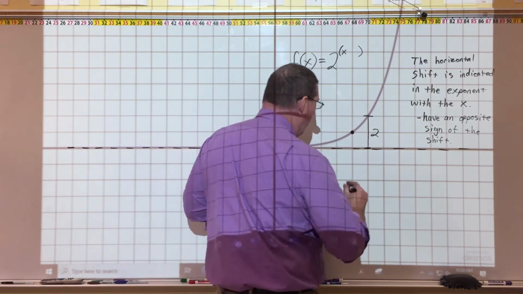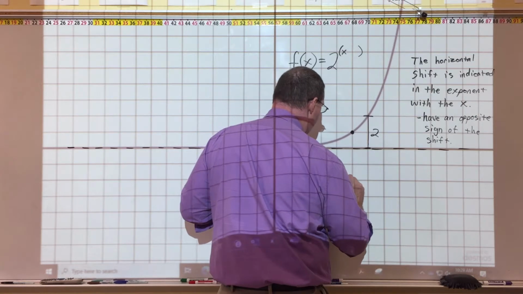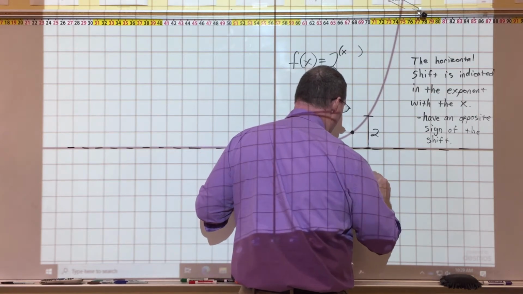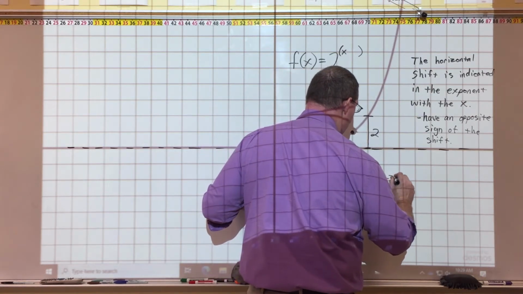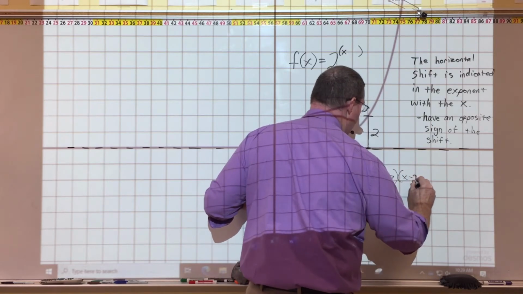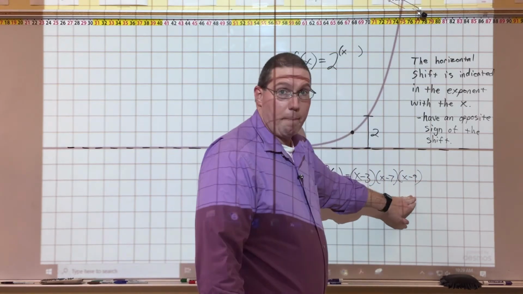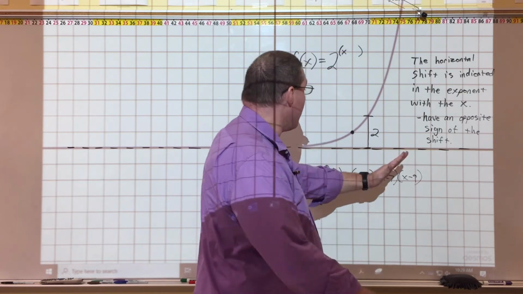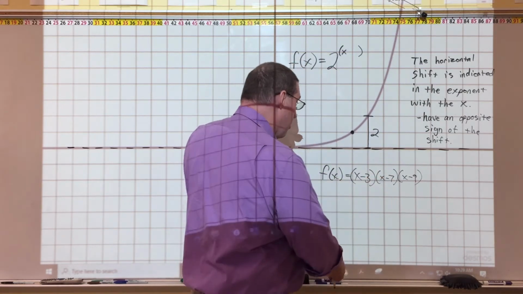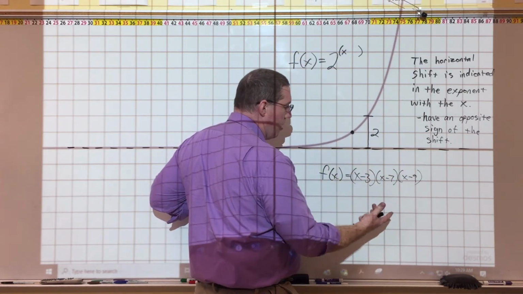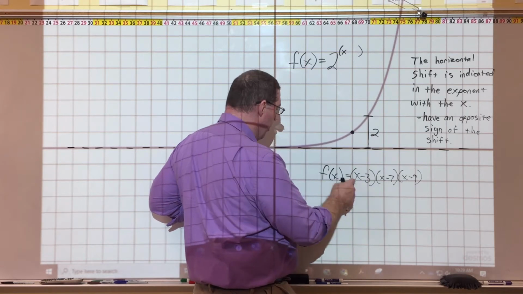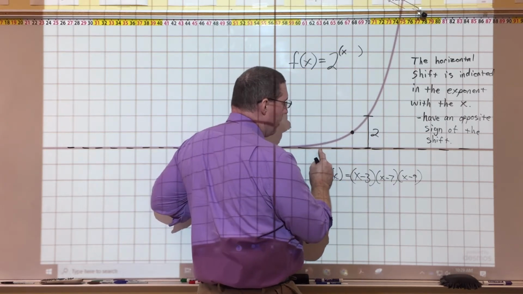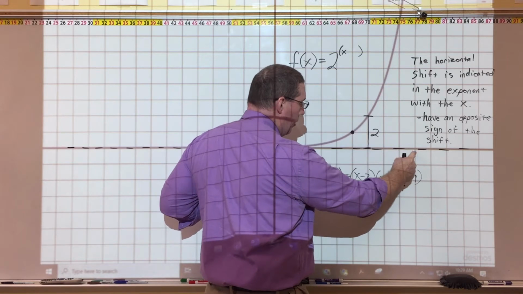We said that, if we had f of x is equal to x minus 3 times x minus 7 times x minus 9, the intercepts, right, would be on the positive side, right? And that's because positive 3 minus 3 is 0. So our intercepts would be at 3, and then at 7, and then at 9, right?